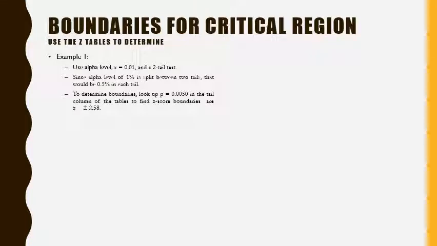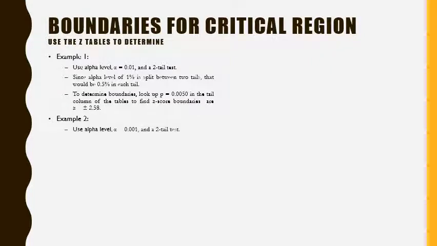So that would be a corresponding p-value of 0.0050. So basically you take the alpha level, you divide it in half, you determine how much probability is in each tail. Then you look at the tables in the tail column, see if you can find a probability closest to 0.0050. And in this case, you're going to find z-score boundaries, or cutoff scores is what we call them, of plus and minus 2.58.